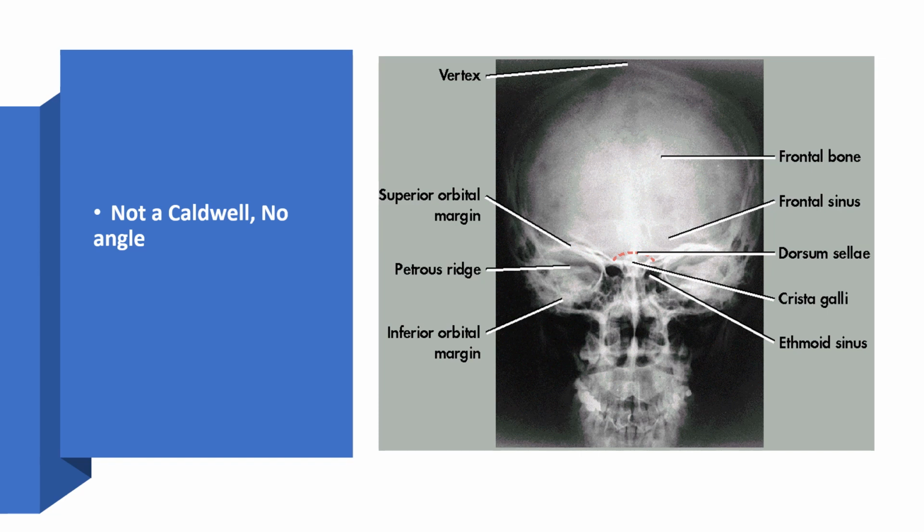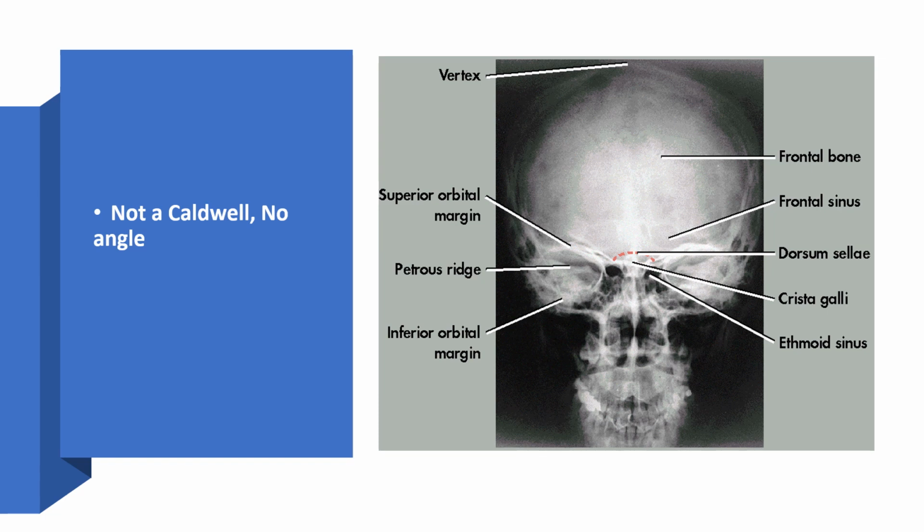The petrous pyramids now are said to fill the orbits, or almost fill the orbits here, okay? So we can see the maxillary sinuses, and we can see the ethmoid, and now we can see the middle nasal concha, so more complete view of the ethmoid bone in the straight PA skull, okay?